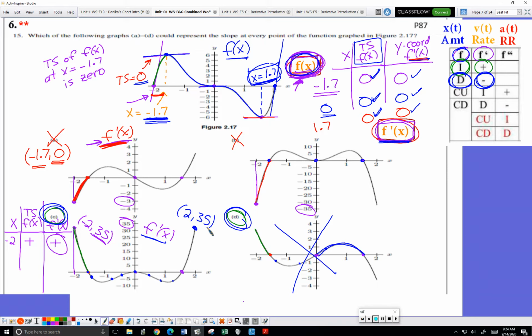And usually, if I start with identifying where do I see tangent slopes of f that have tangent slopes of 0, I start there because they're easy to spot. And it's easy to see on the graph of f prime y-coordinates that are equal to 0. That's my starting point.